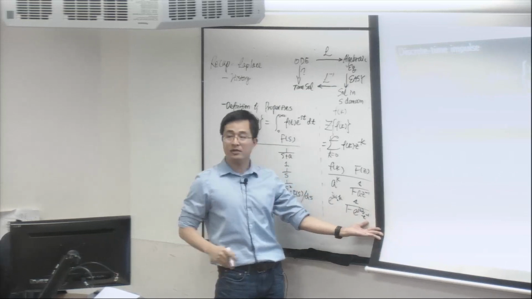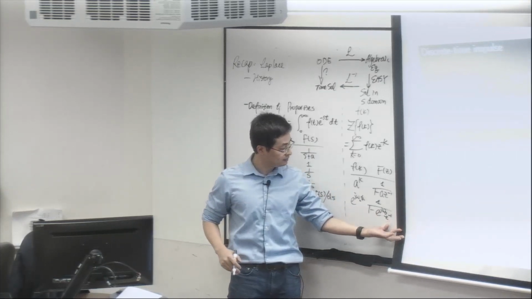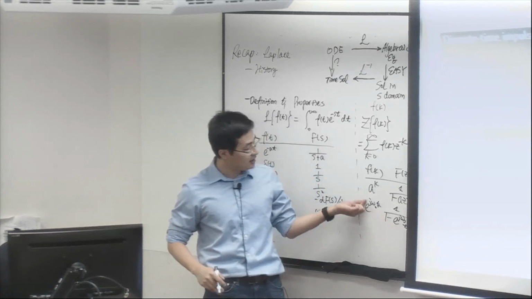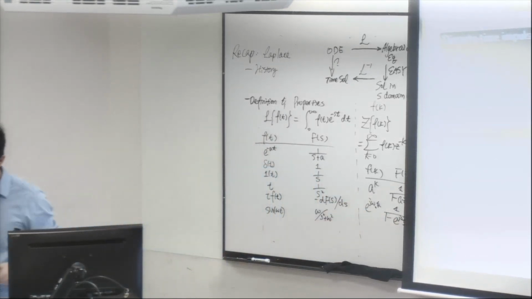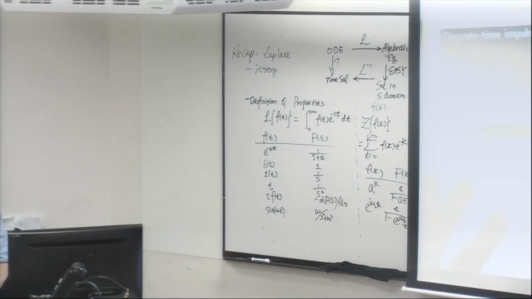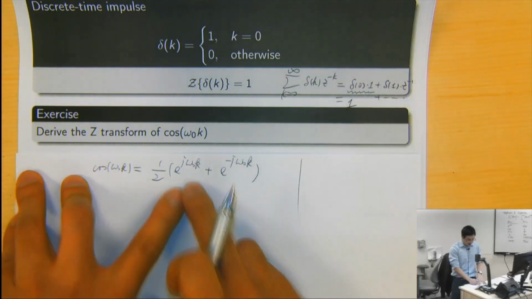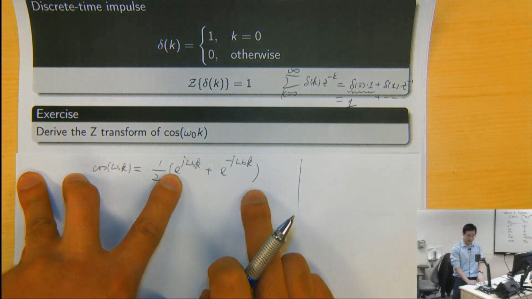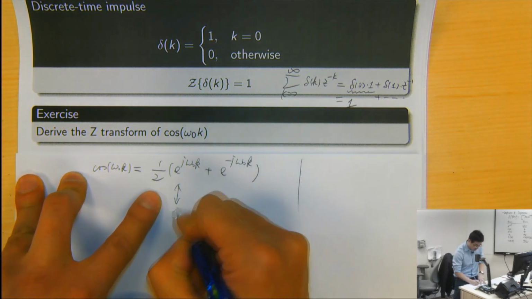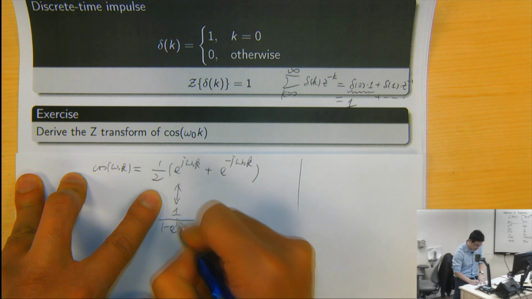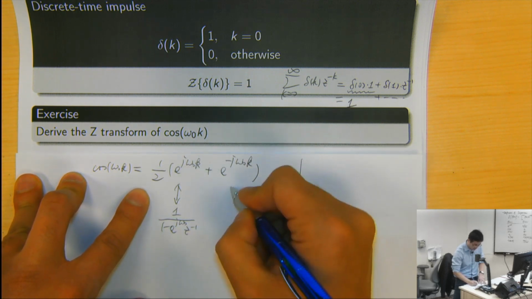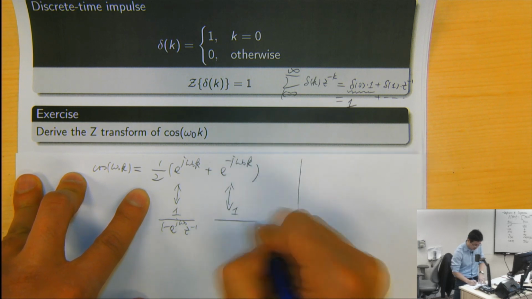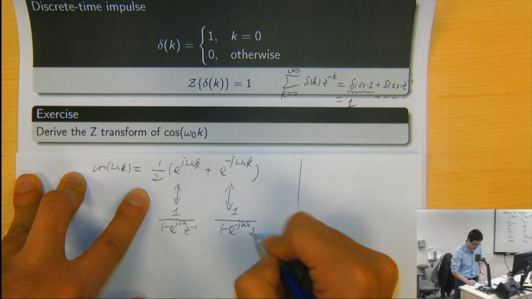This is just a special case of the geometric sequence. And if it's negative, you get a negative here. I know the z transform of this one and this one. So this corresponds to 1 over 1 minus e to the j omega 0 z inverse, and this is 1 over 1 minus e to the negative j omega 0 z inverse.